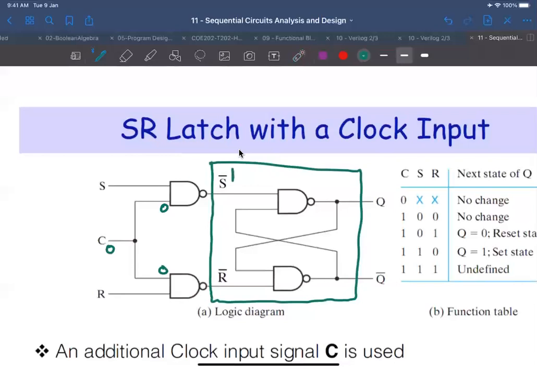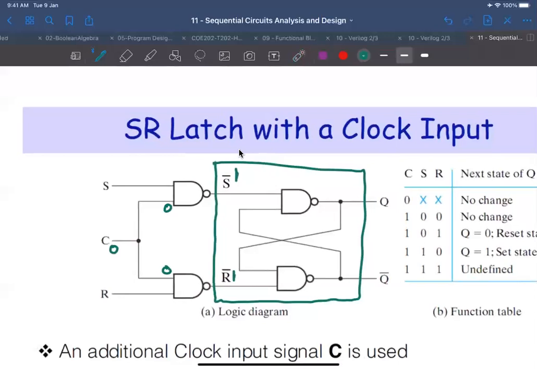So here it's 1, and here it is 1. And for the S complement, R complement latch, 1 1 means no change. So when C is 0, I don't care about S and R, this is a no change.